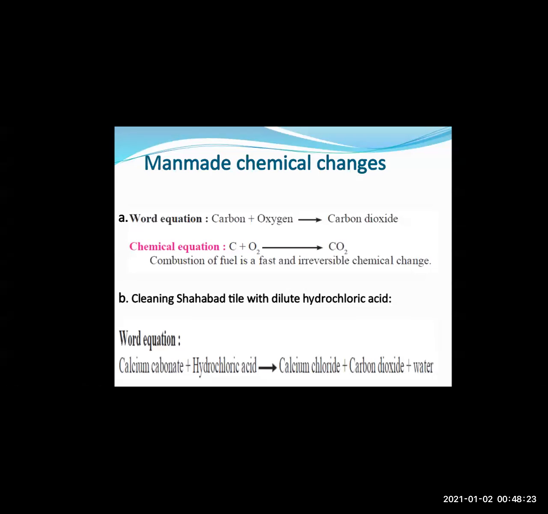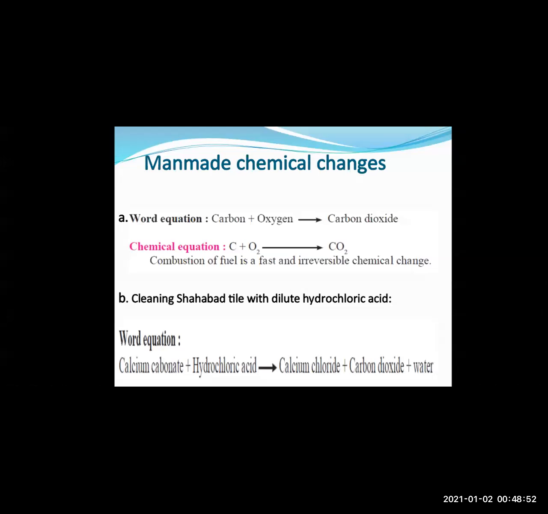The combustion of fuel is very fast and it is an irreversible chemical change, which we studied in 7th standard. From carbon dioxide, you cannot again create carbon or oxygen. Once this reaction is completed, you cannot reverse it, so it is called an irreversible chemical reaction.